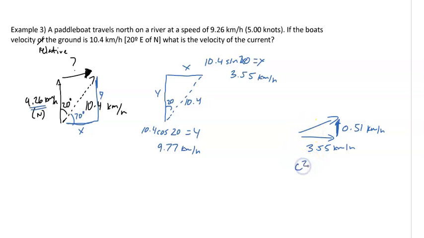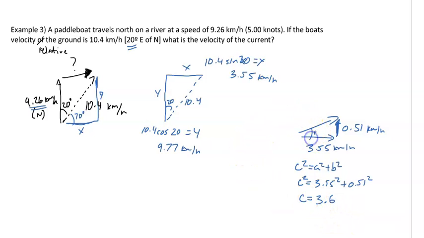Using c squared is equal to a squared plus b squared, we're going to take the 3.55 squared plus 0.51 squared. C is 3.6 to 2 digits, right? Because we've got this 20 here, we're going to just go to 2 digits.